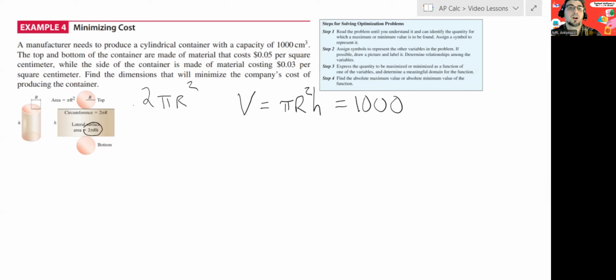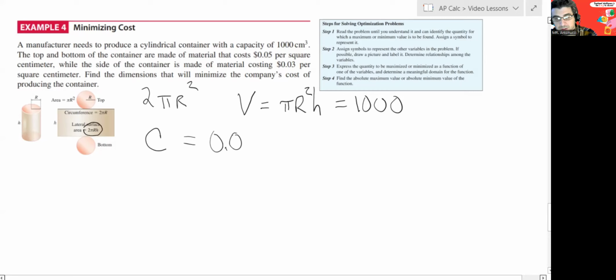All right. But the cost deals with the area of the lateral surface area and the area of the top and bottom, because we're talking about the amount of material that we're going to use there. So if I want the cost function, that's going to be 5 cents per square centimeter for the top and bottom.